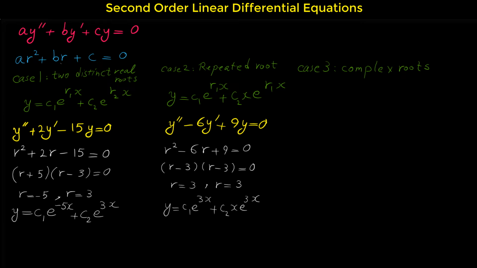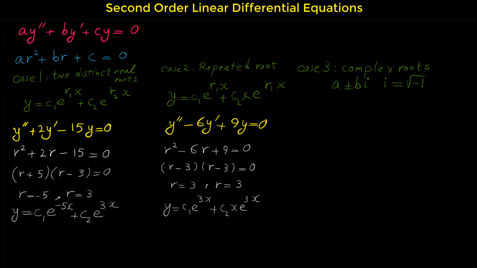If when we solve the characteristic equation, we get two complex roots in the form of a plus minus bi, don't worry for a moment if you don't understand completely what this means. But I should mention here that i in these roots means the square root of negative 1.